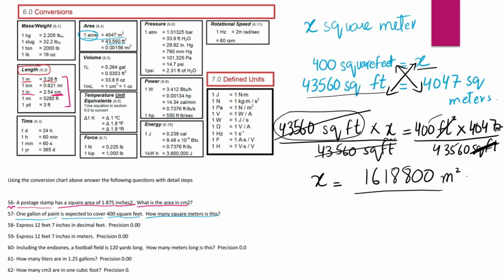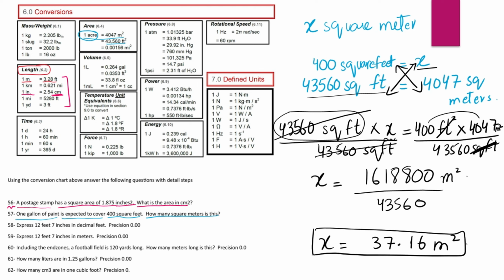I have multiplied 400 by 4047, so we get 1618800 divided by 43560. Dividing this value by 43560, we will get 37.16 meter square, or square meters, both are the same thing.